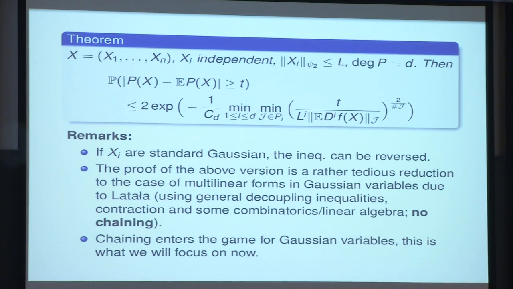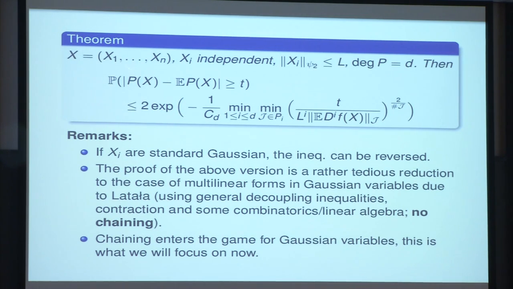So it turns out that it can be deduced just from an inequality for multilinear forms, so for rather special polynomials in Gaussian variables. But the reduction is quite tedious. Actually, I don't know of a simple way of doing it. So let me, without writing anything, because it involves no chaining, let me just say, in 3 sentences, how you reduce it.